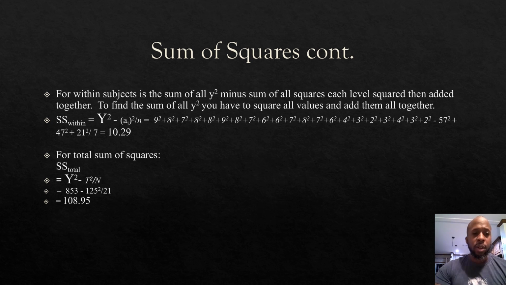So that's going to give us our sum of squares within subjects. For the total sum of squares, we have our y squared, and we also have our total. So we plug in 853, which is the sum of y squared, minus 125 squared divided by the total number of subjects, which is 21, and that gives us 108.95.